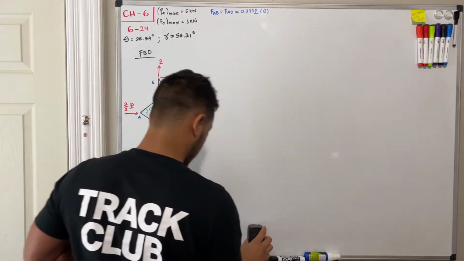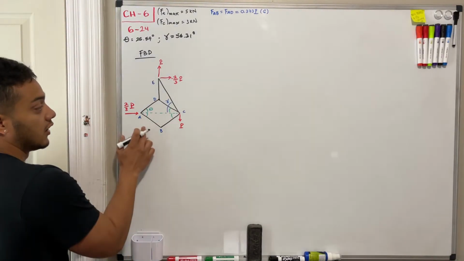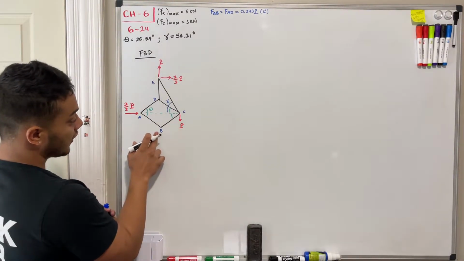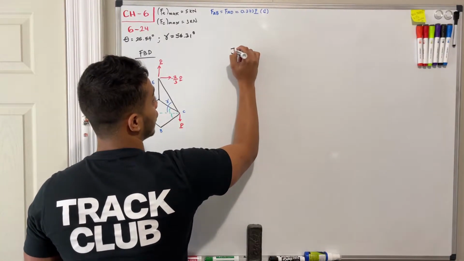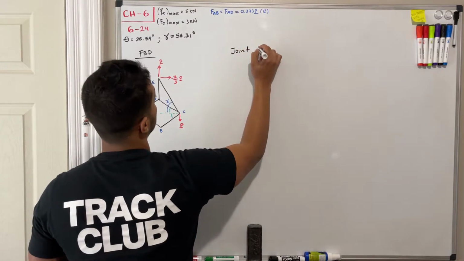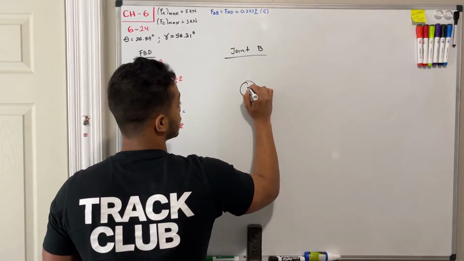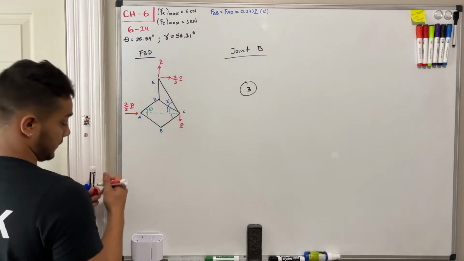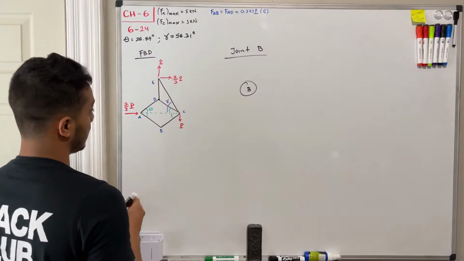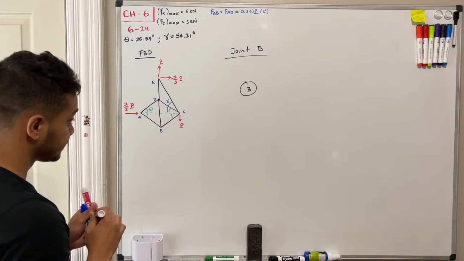The next thing that we have to do is the following joint. From here we can do either joint B or joint D. I'm going to stick with joint B. This is my joint B, and what do we have? I apologize, I am missing another truss member in here.